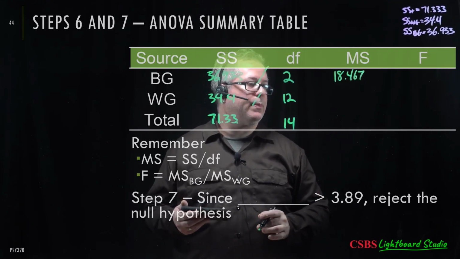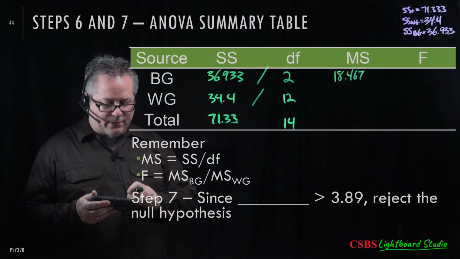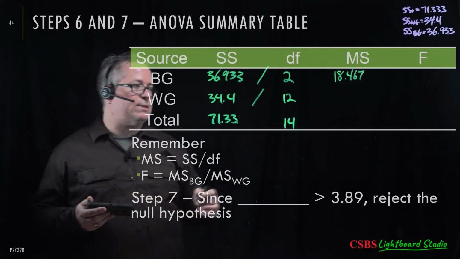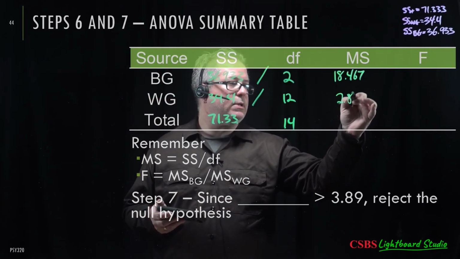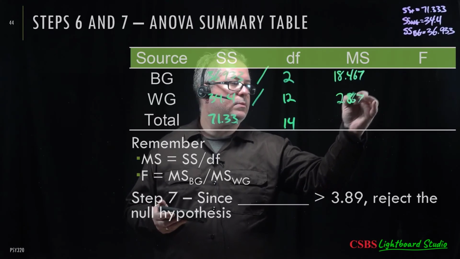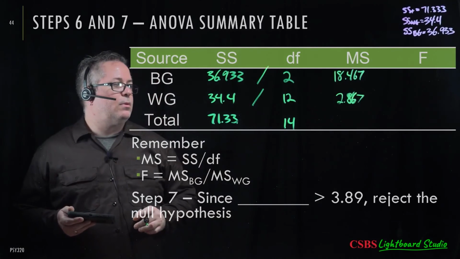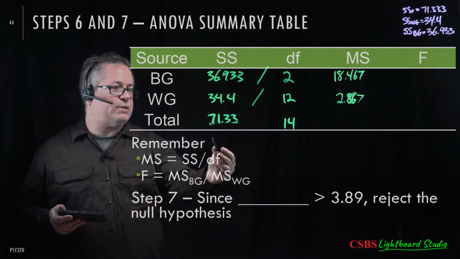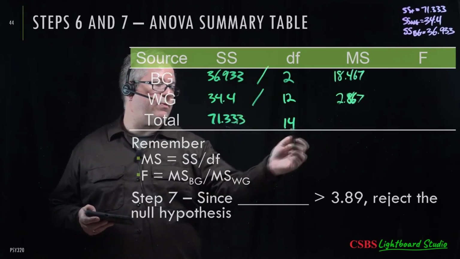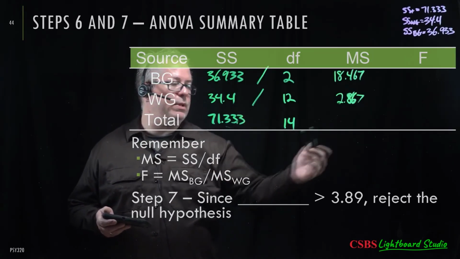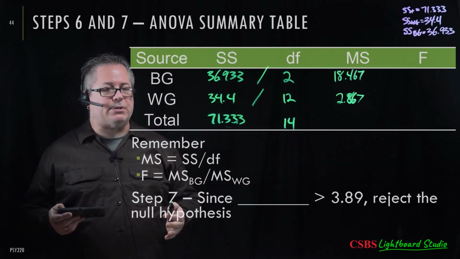I take 34.4, divide that by 12, and I get 2.867, which we found is our pooled variance from before. Now you can take 71.333 and divide it by 14 to get a value here, but we're not going to do anything with it. It's just going to sit there. It's not really necessary to compute.